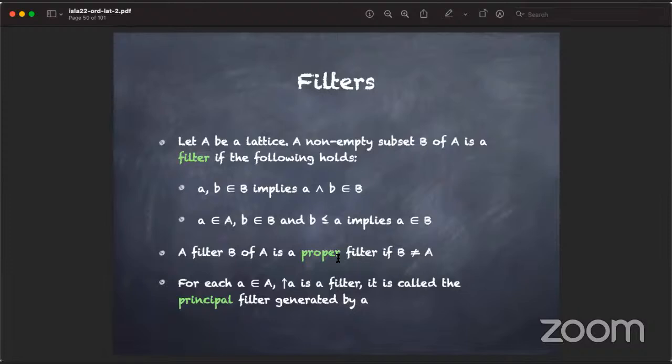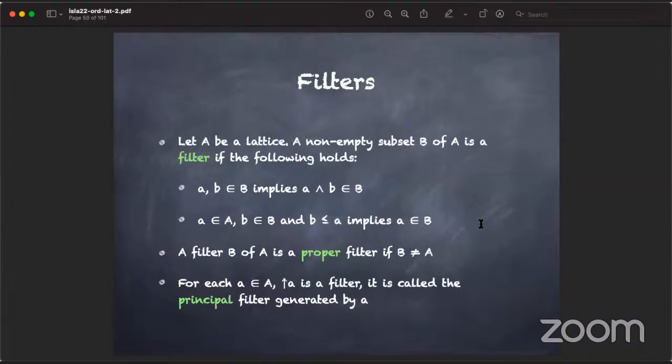So they are proper filters, which means they are not equal to A, and they don't have any other filter containing them. So in some sense, it's a maximal filter. Such a filter is called a maximal filter or an ultrafilter. And it can be shown that when you consider this power set of X or some such structures, any filter can be extended to an ultrafilter.